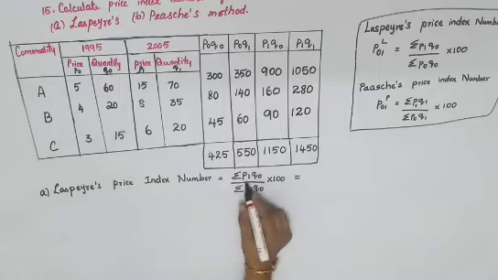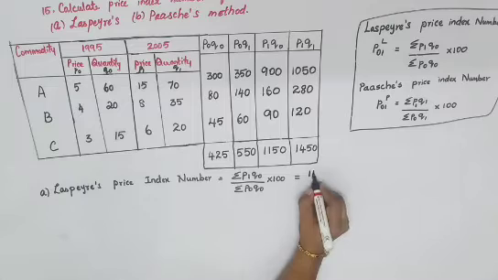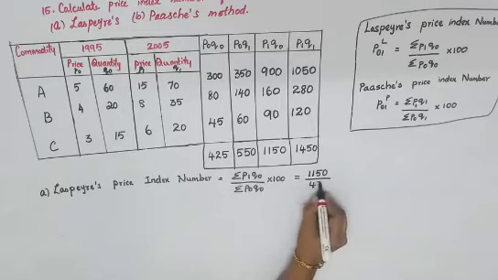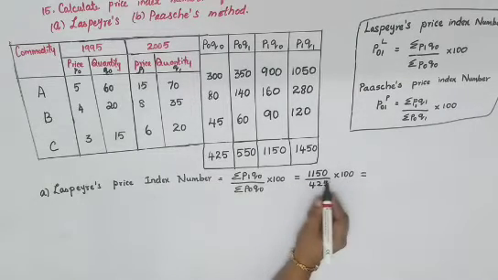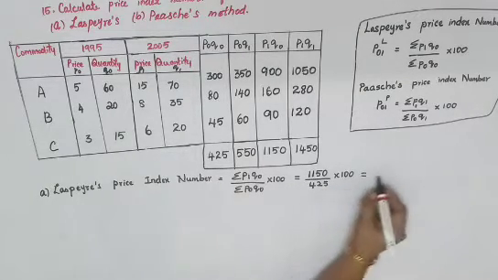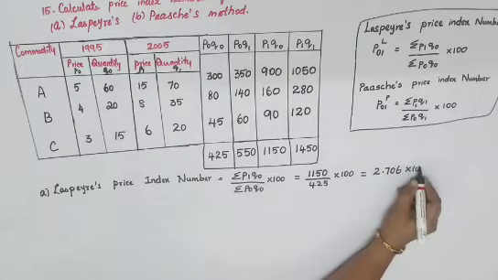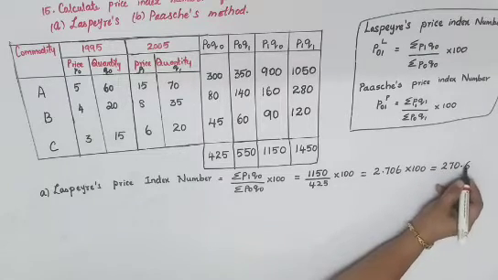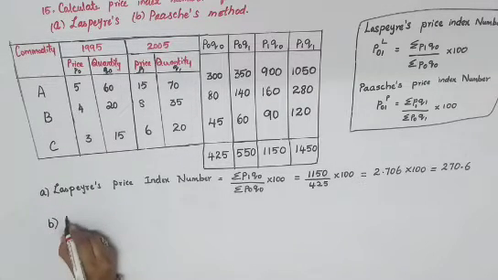P1 Q0 you have here, 1150, divided by P0 Q0, your first column, 425, into 100. Dividing 1150 by 425, you will get 2.706 into 100. Your final answer will be 270.6.